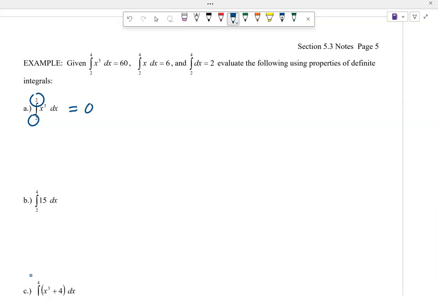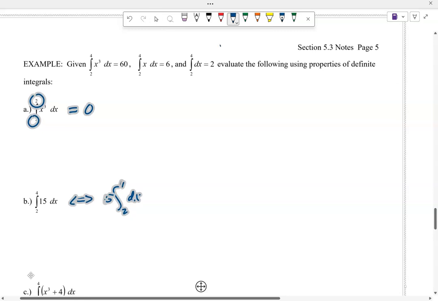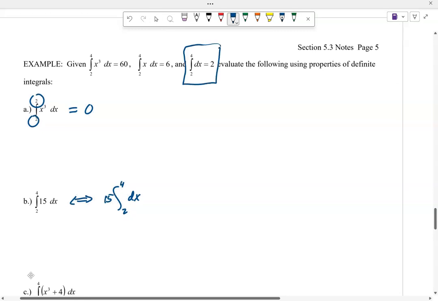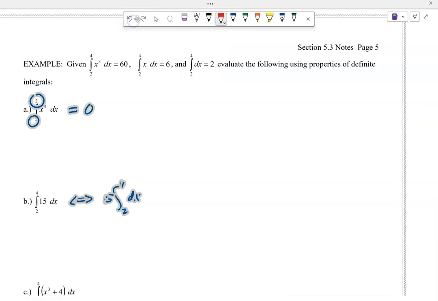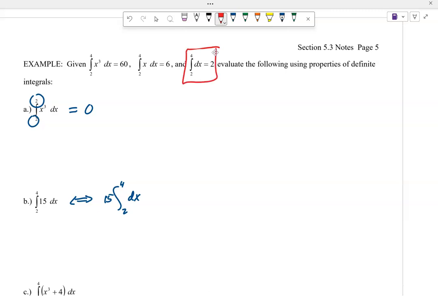Next one, I'm going 2 to 4 of 15. Well, I can rewrite that with the 15 out front, 2 to 4 of dx, right? And then I look up here and I'm like, okay, this is given to me. 2 to 4 dx, maybe I should have done it in red, is 2.